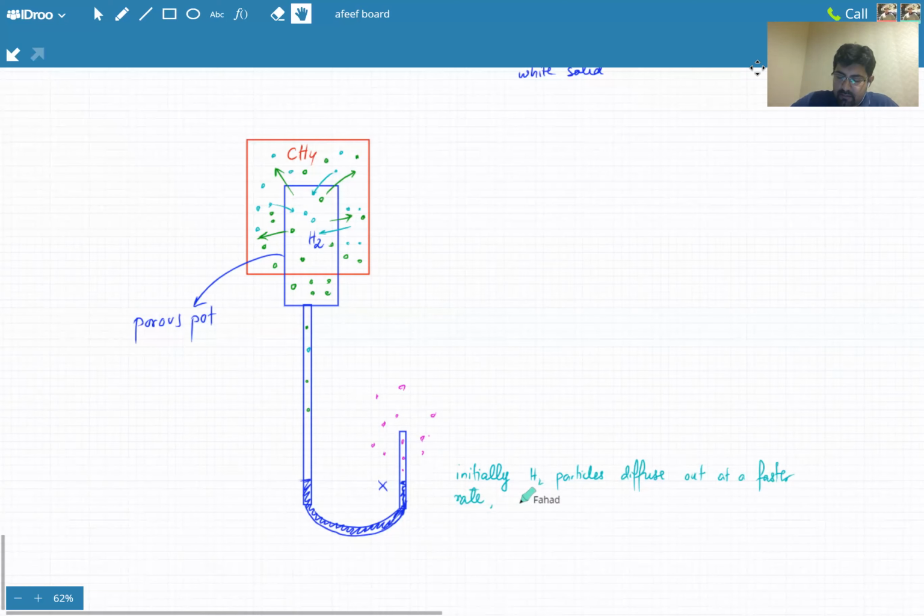And water level rises as there is lesser pressure. Why?